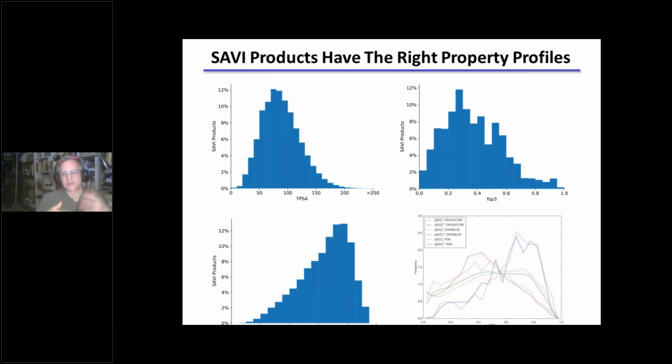The total polar surface area, the non-flatness, the fraction of sp3 atoms, and then the drug likeness score, this QED score. And if you compare that with the original drawing in the original paper, you see that actually it looks darn nice. So all the properties that we looked at look good. So that told us, okay, these molecules are reasonable. They are drug-like looking.